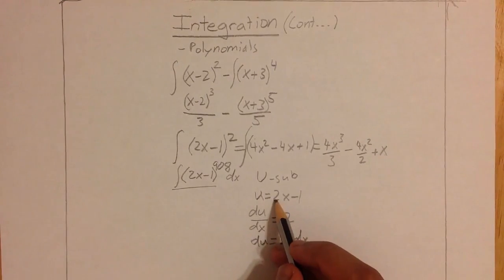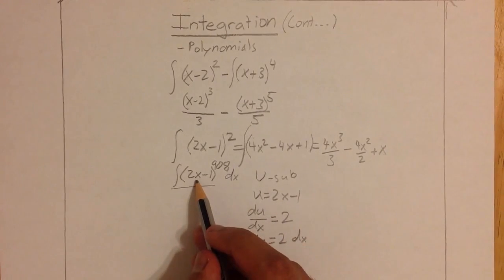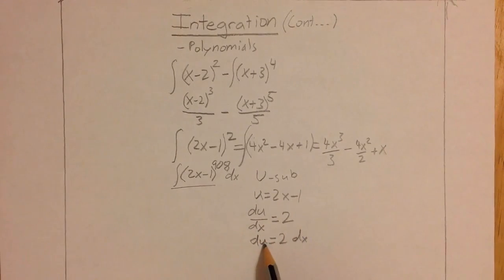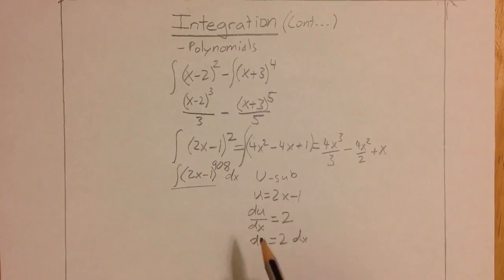So we can substitute u for 2x minus 1 in here, but then we can also substitute du for 2 dx. So let's do that.